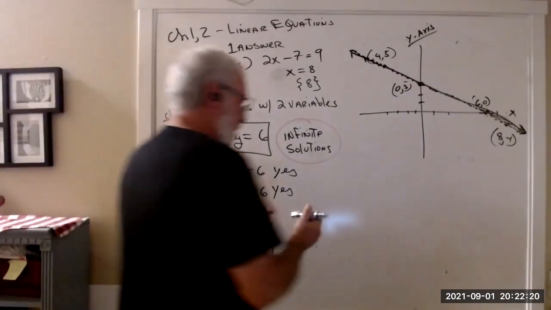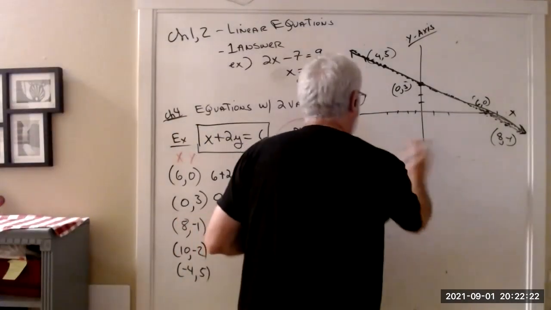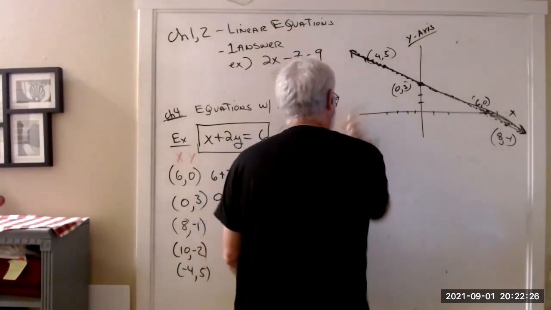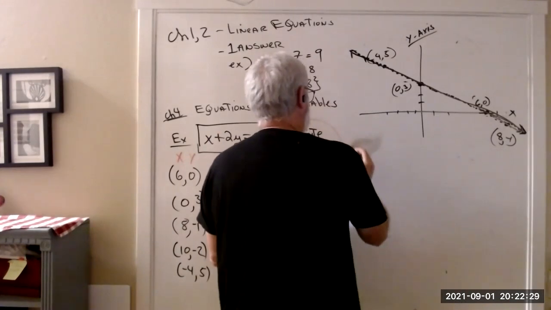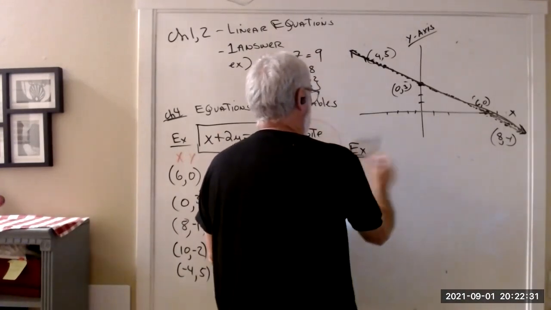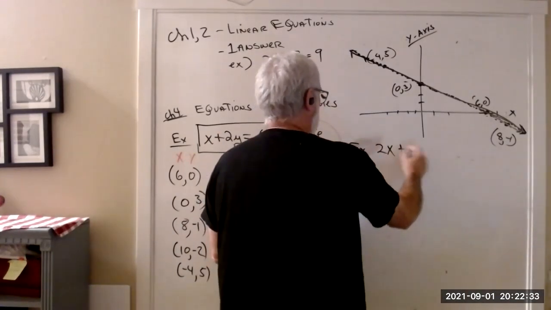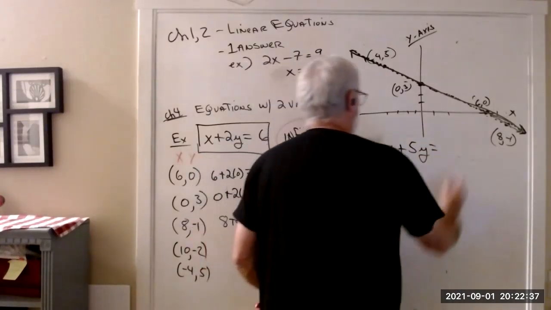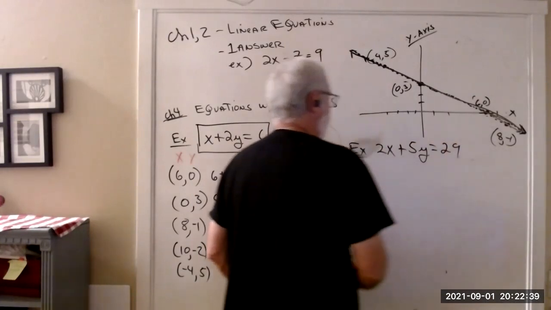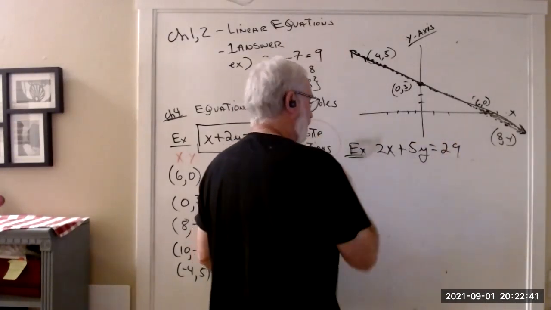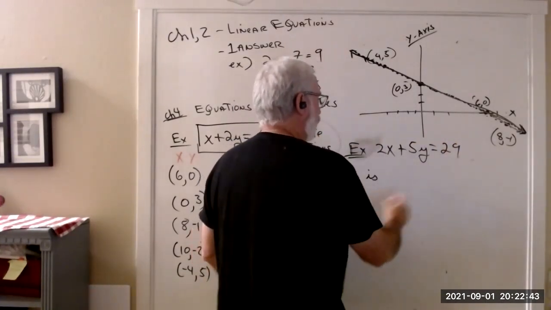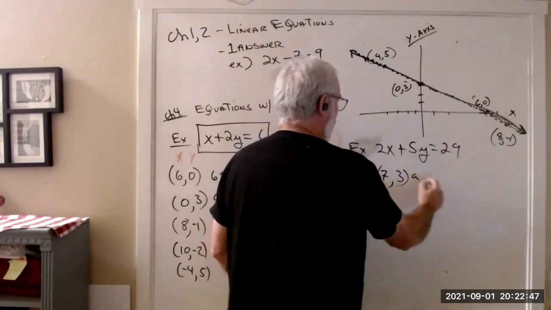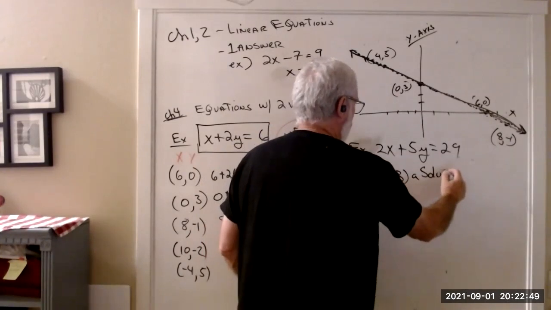One of the things Mom was going to ask is, if I give you the equation 2x plus 5y equals 29, okay, is (7,3) a solution?